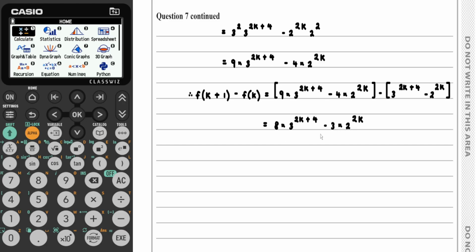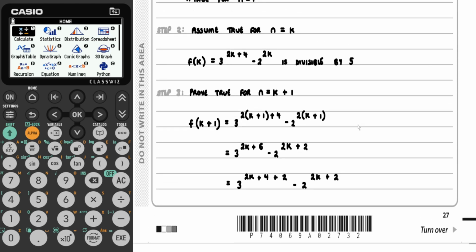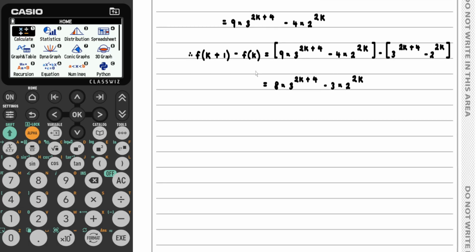Now here we can adapt this so we somehow work with this. Now the way we can do this is to recognize that negative 3 is the same as negative 8 plus 5. So I've got 8 times 3 to the power of 2k plus 4, subtract 8 times by 2 to the power of 2k, plus 5 times by 2 to the power of 2k. Negative 8 plus 5 is negative 3.